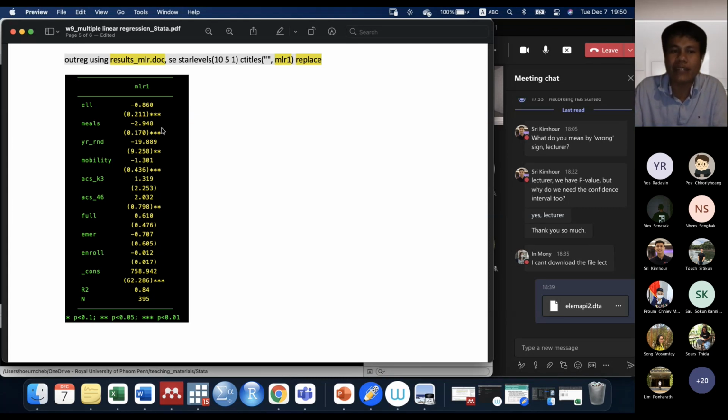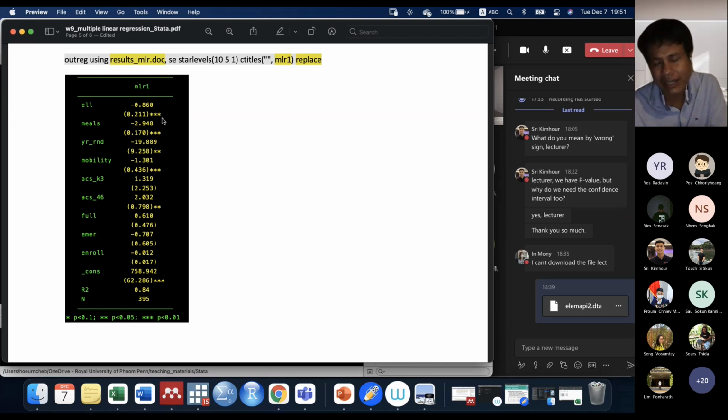We accept the null hypothesis for that variable. See, easy and faster, right? If you have to copy and paste yourself, it takes a lot of time. In here, this is the coefficient. The number in the parenthesis is the standard error. Star tells you the p-value.